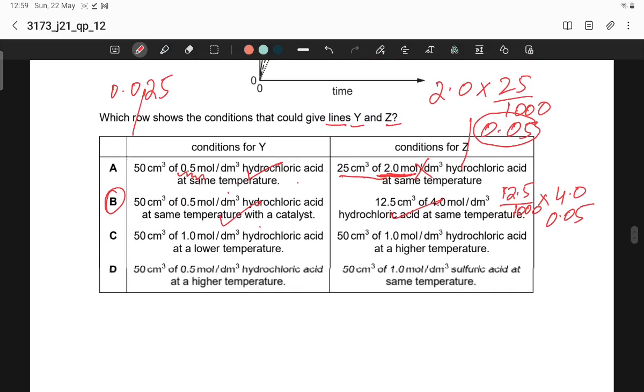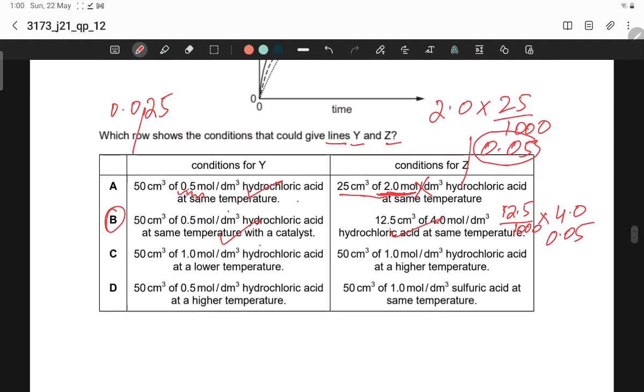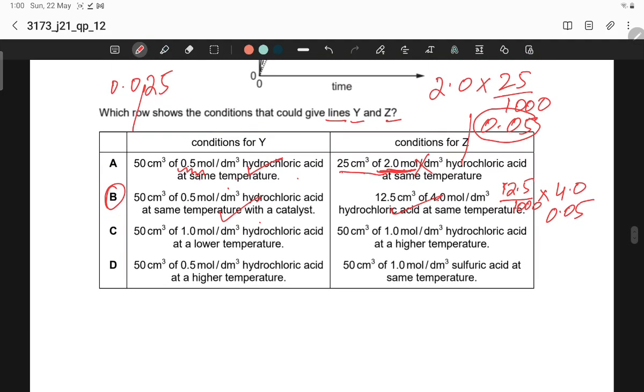At the same temperature, 50 cm³ of 1 mole, 1.0, this is 0.5. 50 cm³, 50 divided by 1000.